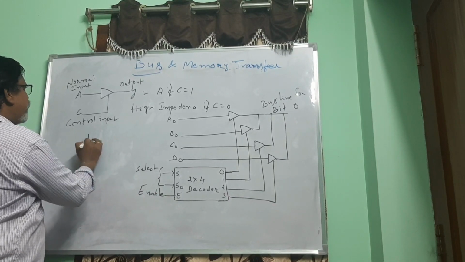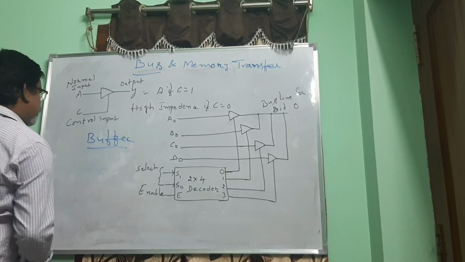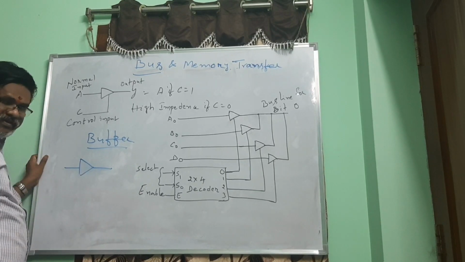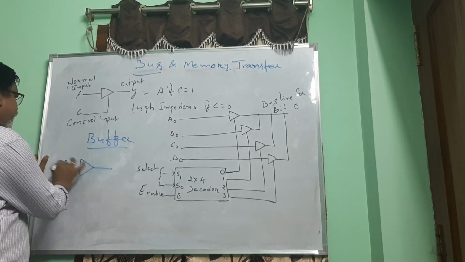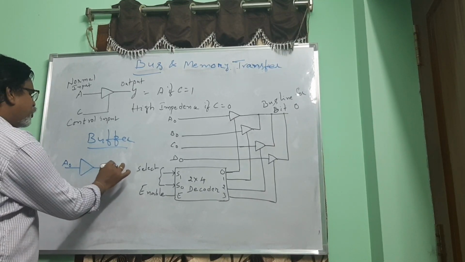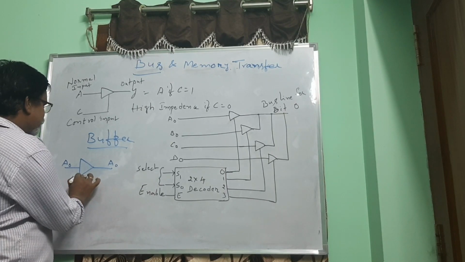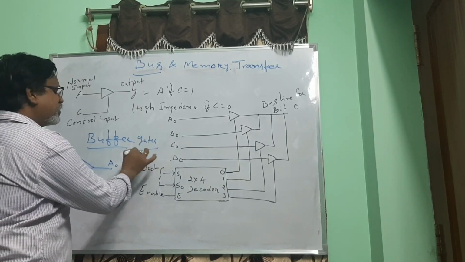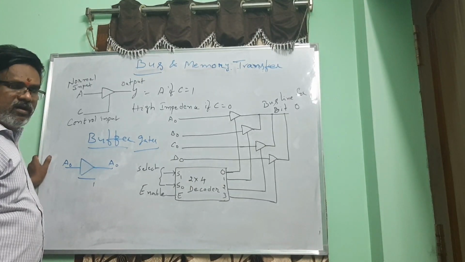You know very well generally what a buffer is. Simply, a buffer will look like this. Whatever the input is, say for example A0, a 1-bit gate, the same output will be generated. You might have already discussed this buffer gate in your concept of logic gates like AND gate, OR gate, NOT gate.